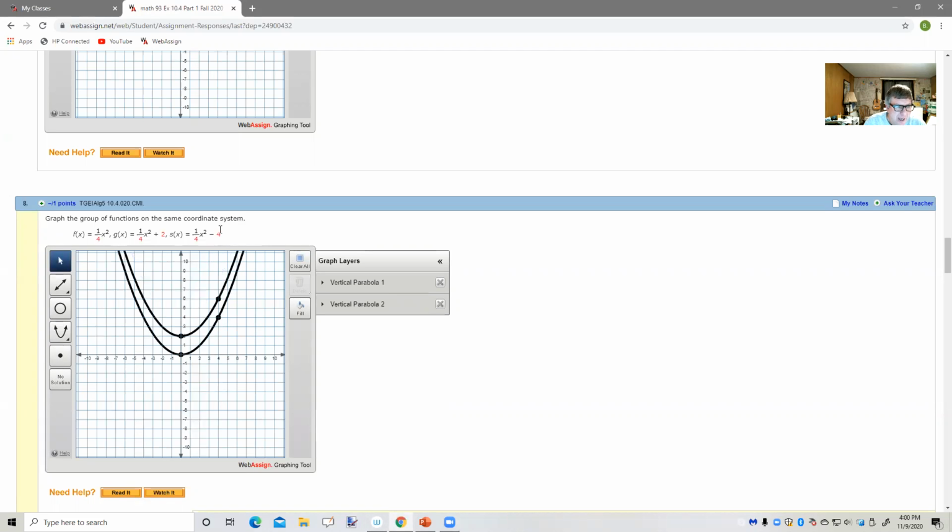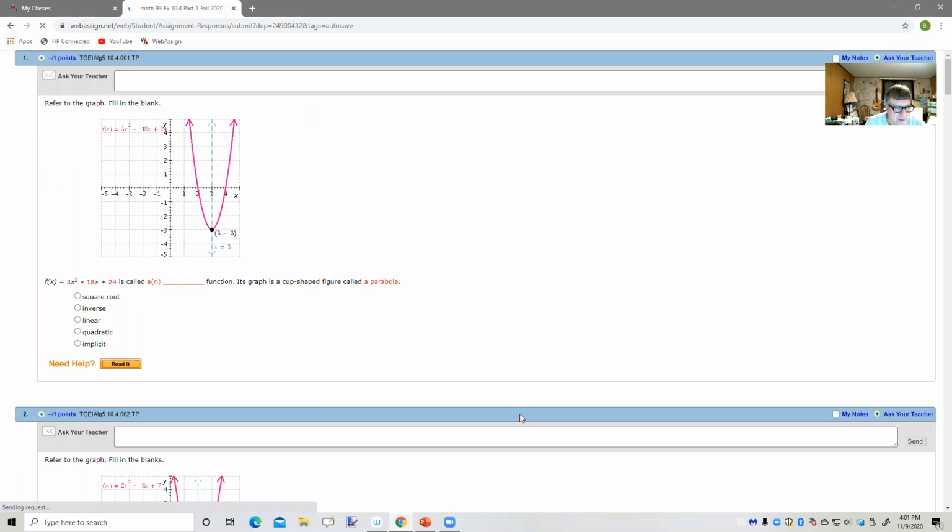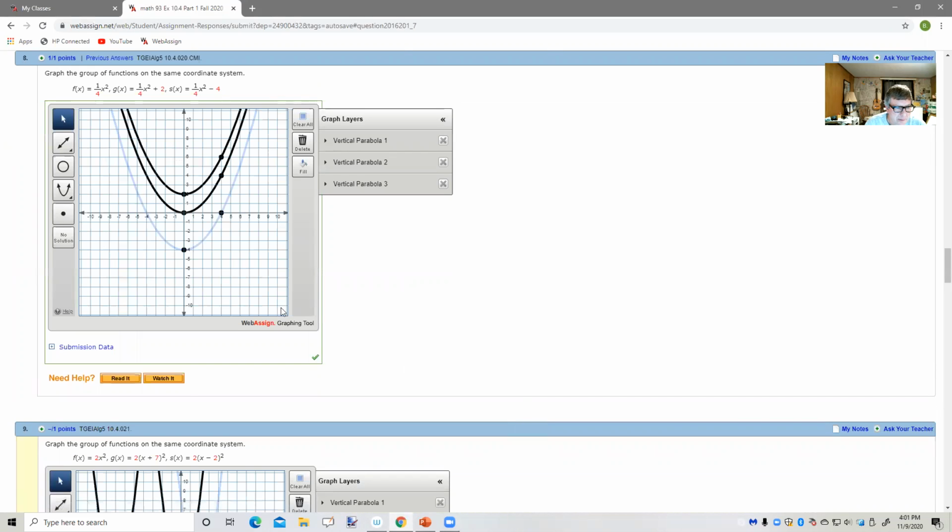And there we have it. How about this one? 1/4 x squared minus 4. Go back to my original, which was here. This one goes down 4, and this one goes down 4. And there you go. Let's see if they're right. There you go. Okay.